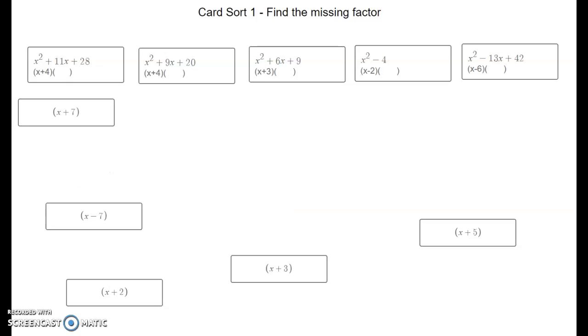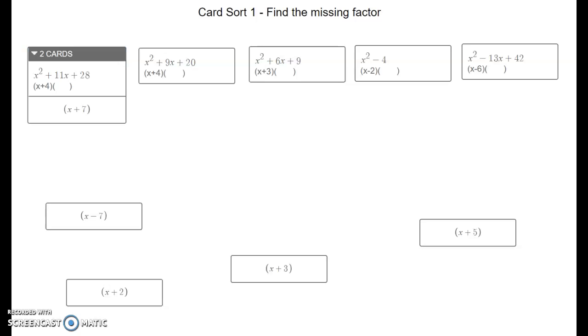And let's compare. I know that x times x is going to give me x squared, and x times 7 will give me 7x, and then 4x, right? And then I need to take 4 and multiply it by 7. Is that going to give me 28? Absolutely. So I know that this one's going to be paired together.